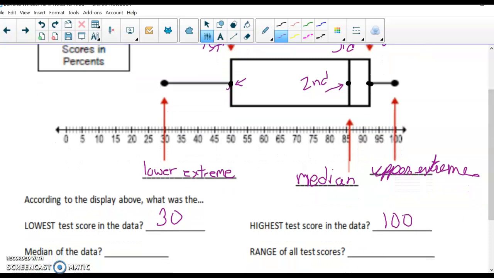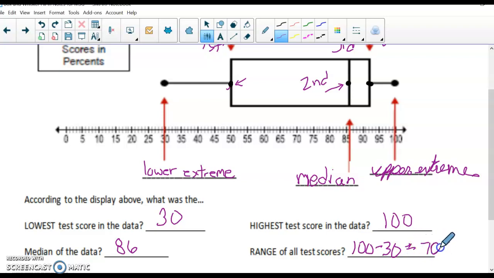So the median of the data. Well, right here is the median, and we can say that that's about an 86. And the range of all the test scores, well, that's going to be the upper extreme minus the lower extreme, which is 70. So the range is 70, okay?